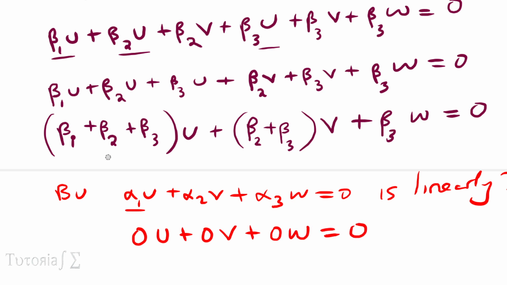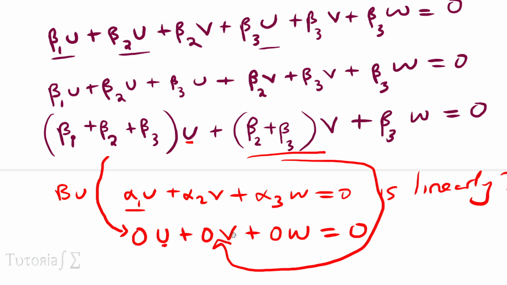So now here we'll equate these to these. Are you seeing that? Since there is u here and there is u here, we equate this to this, this to this, and this to that.